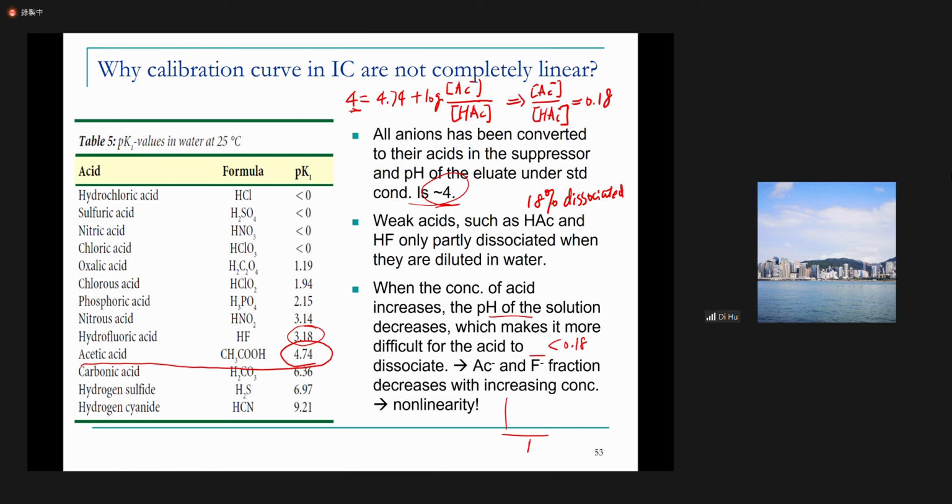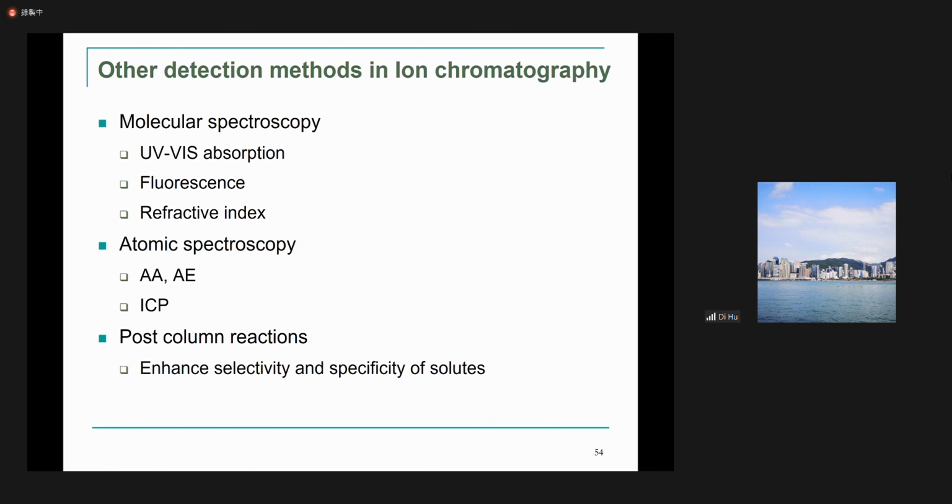When the acid concentration increases, the conductivity will be a curve like this one. It's not straight, it's even lower. It's non-linear, because the fraction of acetate ions further decreases with increasing concentration as the solution becomes even more acidic, so it's even harder for it to dissociate.